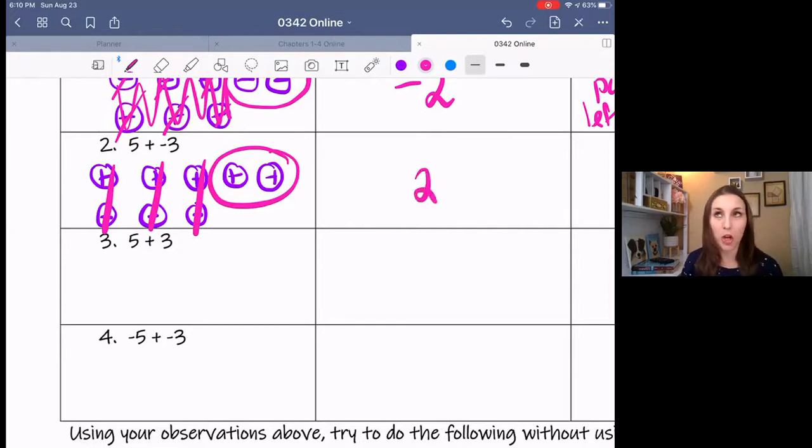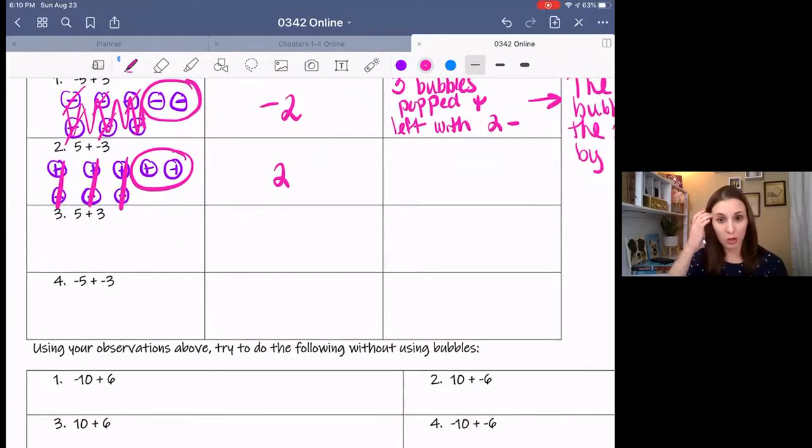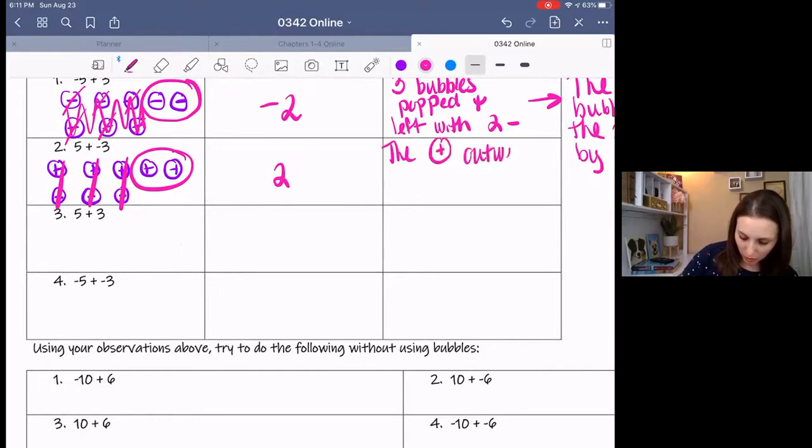You don't have to put a positive sign there. So our observation would be, you could put this in your own words, something that if you went back and read it, it makes sense to you. Either one, anything like the top 2 that I did would be fine, or if you said it differently but it makes sense to you and it's the same thing, that's good. I'm going to say the positive bubbles outweighed the negative bubbles by 2.